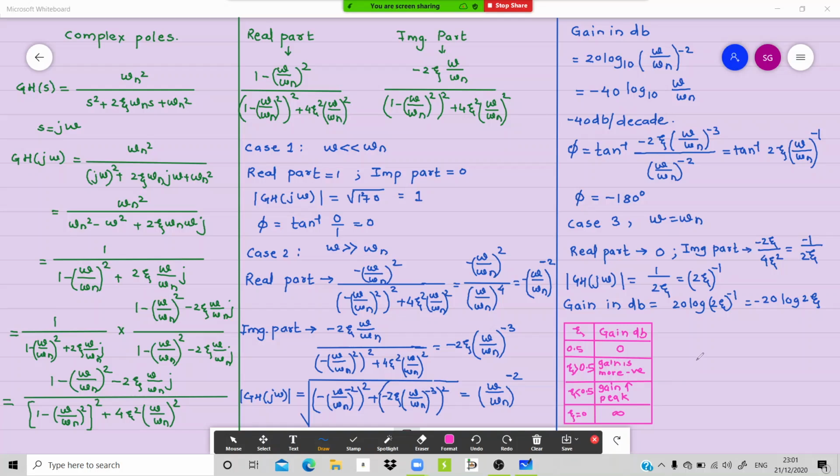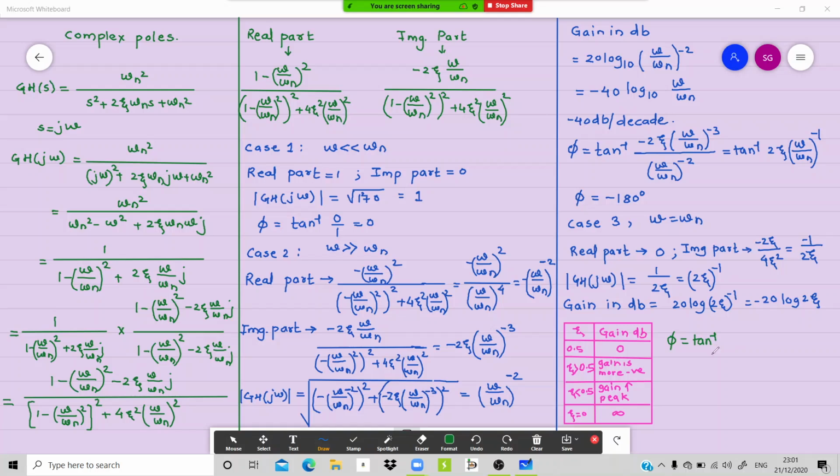Then the last thing is the phase for this, right? So I'll write phi. Now phi will be tan inverse of the imaginary part over the real part. Now the real part is 0 and the imaginary part has some value.